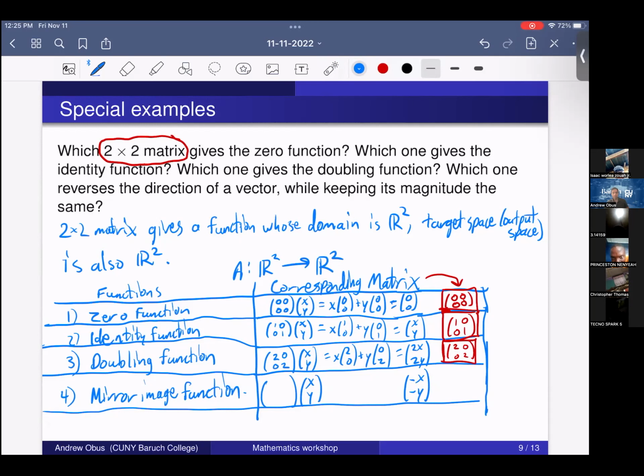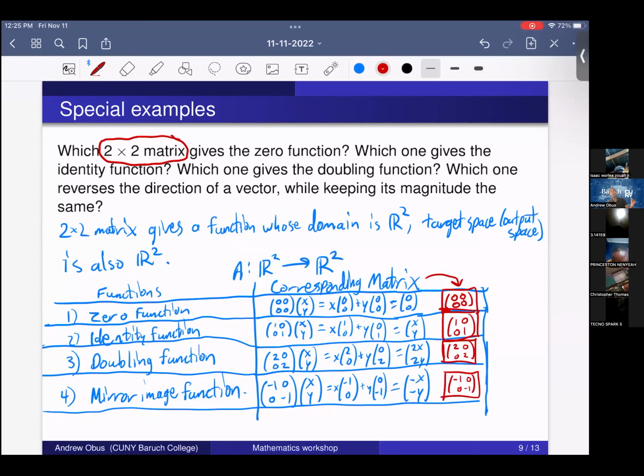Yes, that'd be -1, 0, 0, -1. Because this is going to give us x times -1, 0, plus y times 0, -1. And that's going to give us minus x minus y. So the matrix that we want is -1, 0, 0, -1.